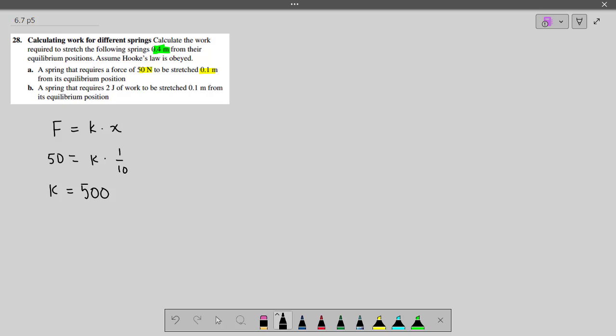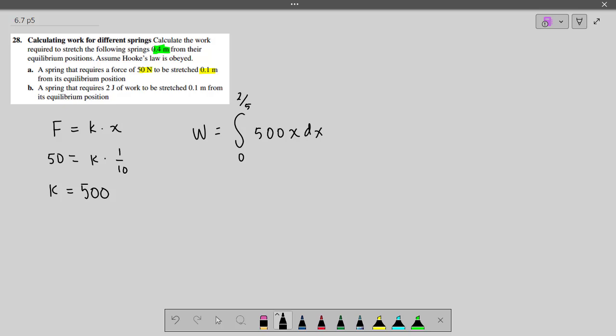And then it says that we want to go from equilibrium, so we're going to integrate from 0. We're stretching it, so we use a positive 4/10 or 2/5. And then we use our force function, which will be 500x.